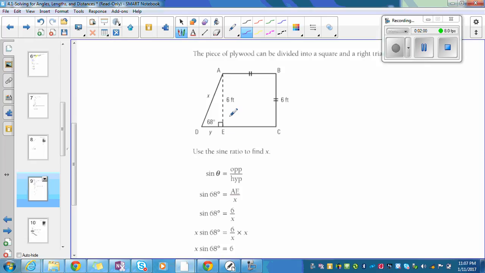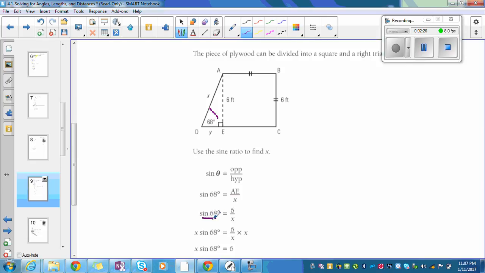We're going to use opposite over hypotenuse because this 6 foot is across from angle 68, and this X, or this unknown side length over here, is across from the right angle.